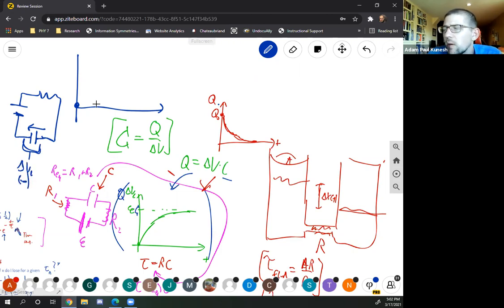But practically speaking, we're usually interested in the magnitude of this because eventually we're going to discharge it. So usually we write it as going up. If you wanted to write the change in voltage as final minus initial going with the current as opposed to away from the current, then it would be negative like this, going to some negative value, the same negative value that it would be up top. So it's kind of just a choice of sign convention.